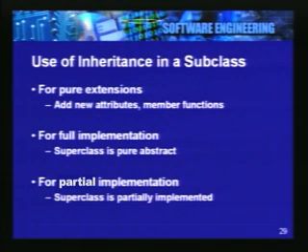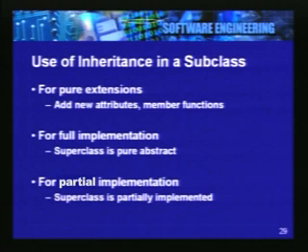What are the different kinds of uses of inheritance in subclasses? If we first look at these different kinds of uses, then we can apply them to our different class level design requirements. You can use subclasses as pure extensions to superclasses.